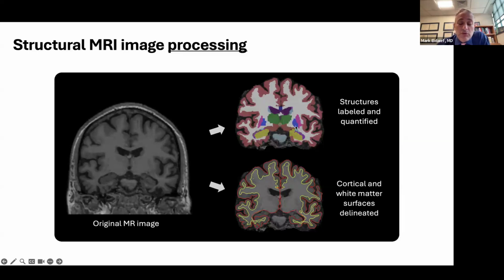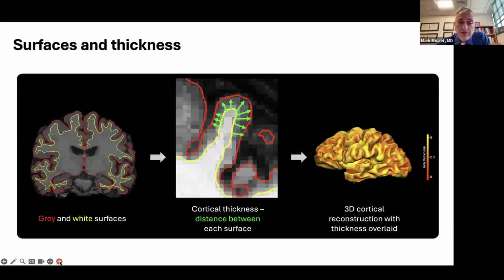It's a really cool program where you put the brain image in and it automatically labels all of these structures. It can also tell you where the white matter is, on the inside, where the gray matter is, and where the dividing line between them is. All of this is an automatic process that the computer does.